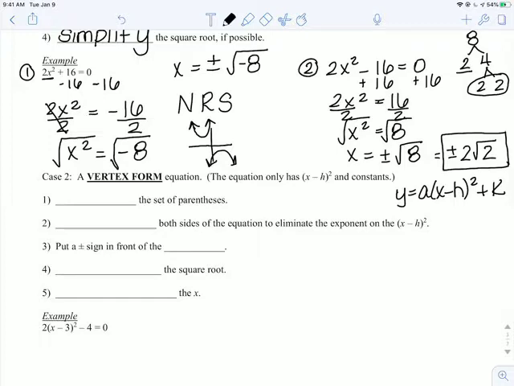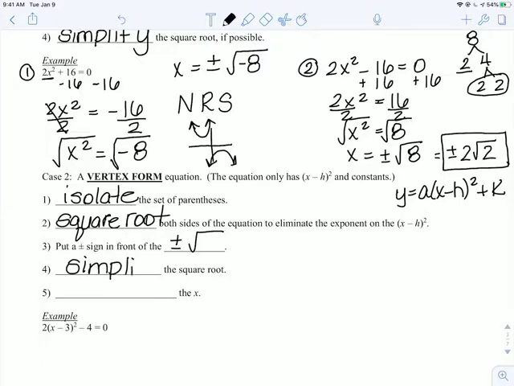So for your steps, you want to isolate the set of parentheses. Then you're going to want to square root both sides. So it's the same steps that we took earlier. Square root both sides. Make sure you put the plus or minus in front of that square root. Then you're going to want to simplify that square root if it can be simplified any further.